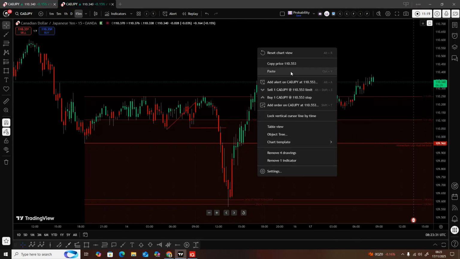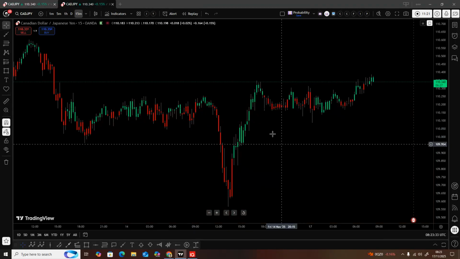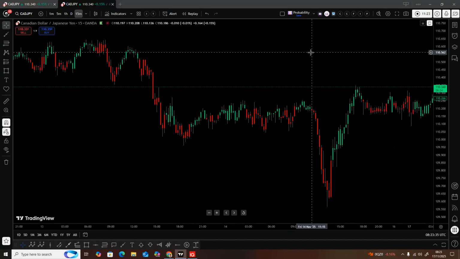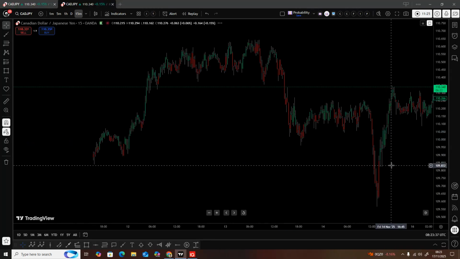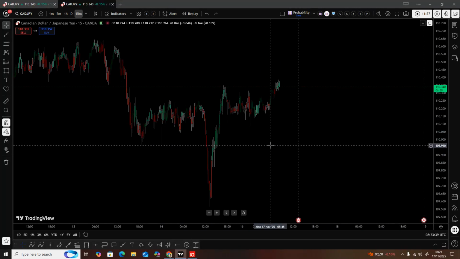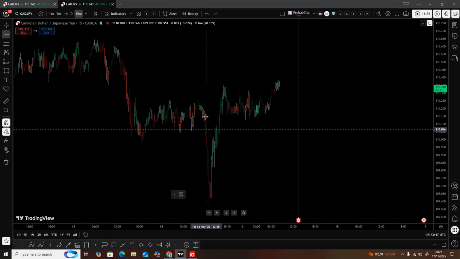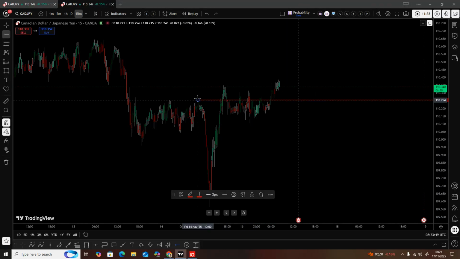So it's the same thing. As you can see, all of them are doing the same thing. The CAD yen, I don't need to do too much on this one because we've already analyzed the dollar yen. Now it's here.